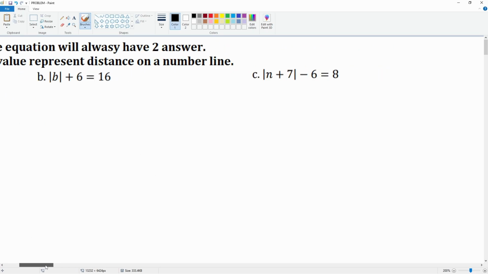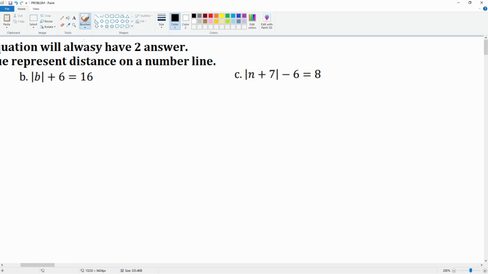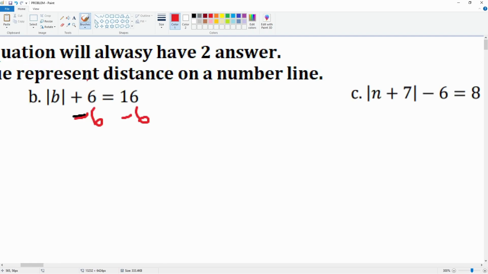All right, let's do B. A lot of you are trying to split this first. You can't do this. You have to get the absolute value by itself first. So here we have the absolute value of b plus 6. We're going to subtract 6 from both sides.